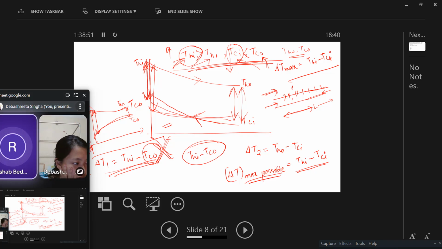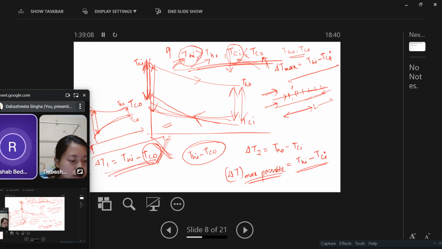Just remember that heat flows from the higher temperature hot region to the cold region. This concept will be applied in these conditions.